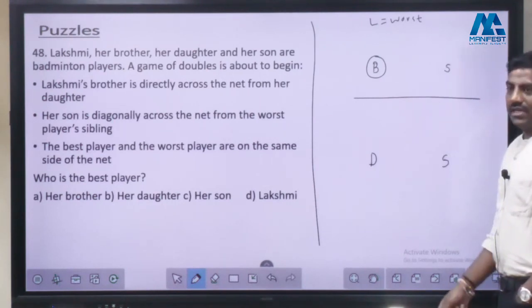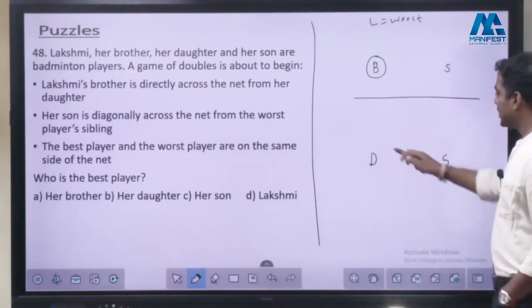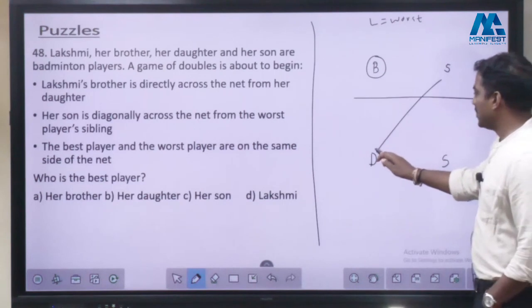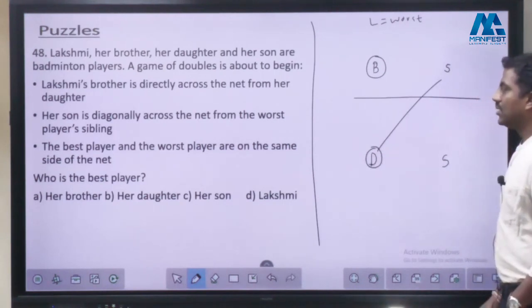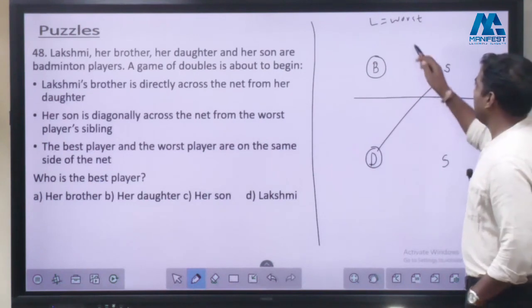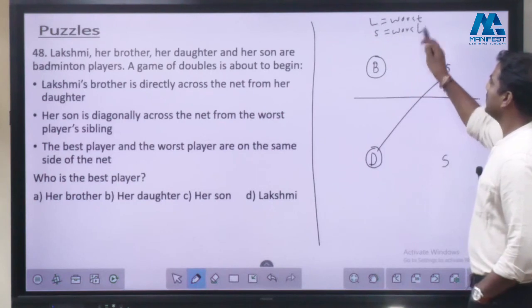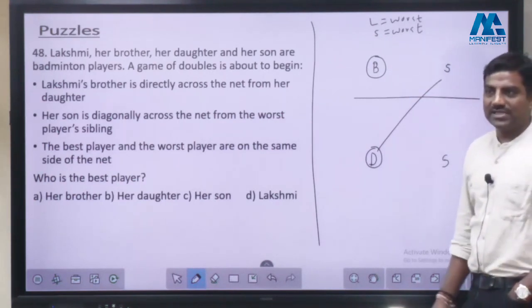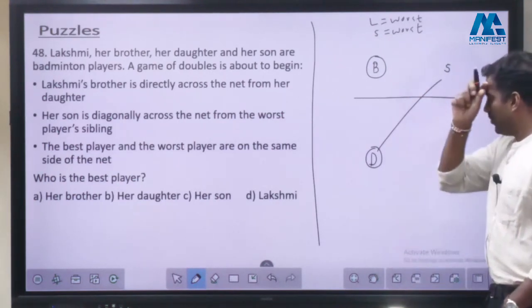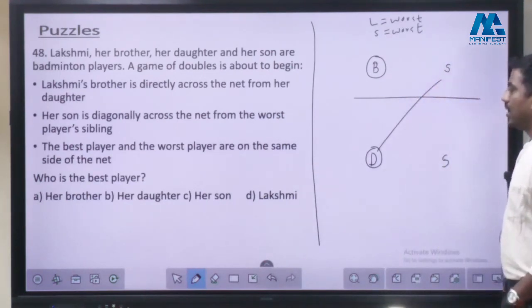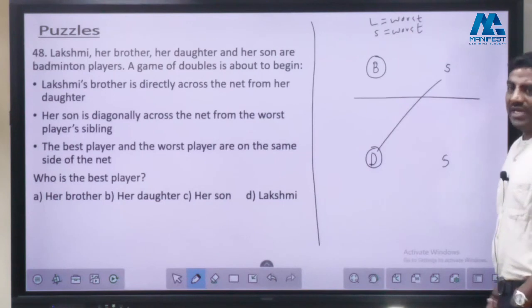Son is here. Lakshmi's son is here and is across the net, and this person is the worst player's sibling. So, in this case, the son is the worst. Either Lakshmi or the son is the worst here. Now, the best player and the worst player are on the same side of the net.